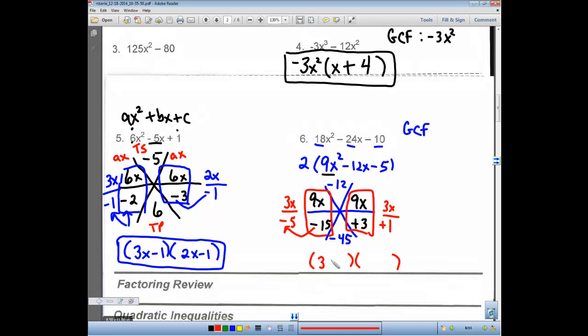So the first set is 3x minus 5. The second one is 3x plus 1. Now 3 times 3 is 9, not 18. Oh, I gotta remember, the 2 is also part of that factor. And that concludes this portion of our quadratic systems with factoring review.